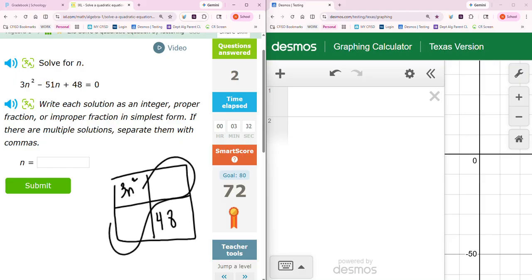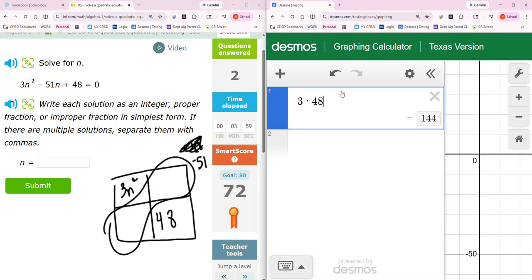We know that these two middle terms are going to add up to negative 51 when the product, 3 times 48, is 144. When the product is a positive number but the sum is negative, that tells me that both of these middle terms are going to be negative.